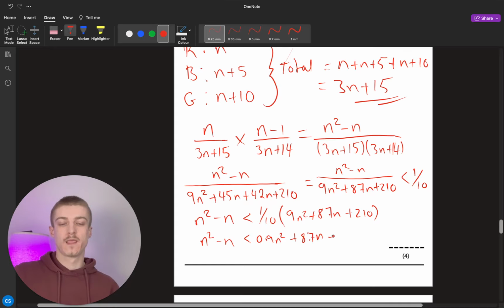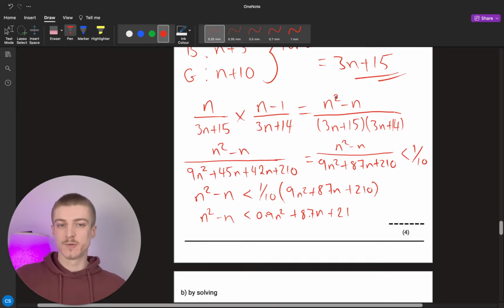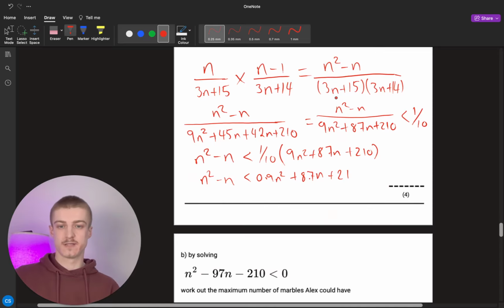Fantastic. Now part B: by solving this inequality, n squared minus 97n minus 210 is less than 0, work out the maximum number of marbles that Alex could have. So you might see straight away that there's no factors of 210 that add to make 97.